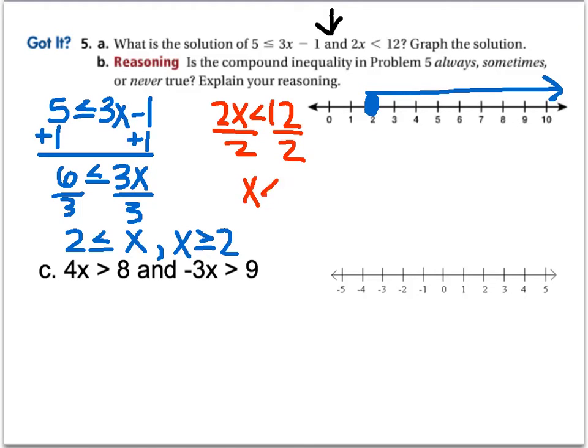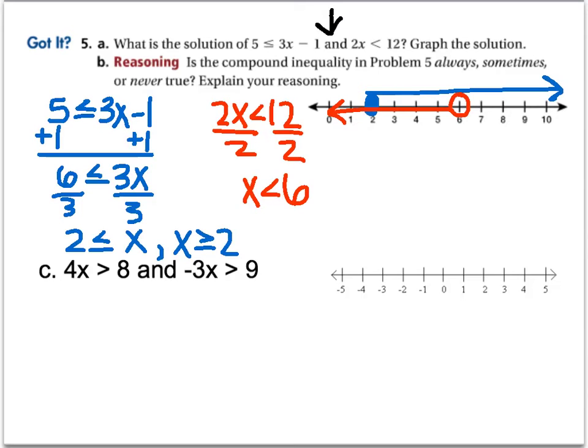You have that x is less than 6. By graphing both of those, you can see that anywhere that both of them are true is going to be a solution.